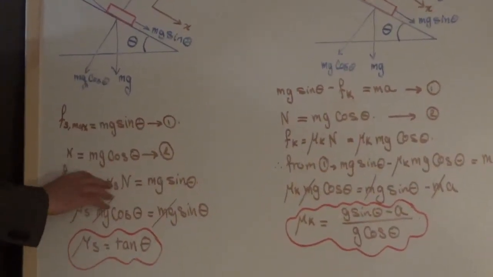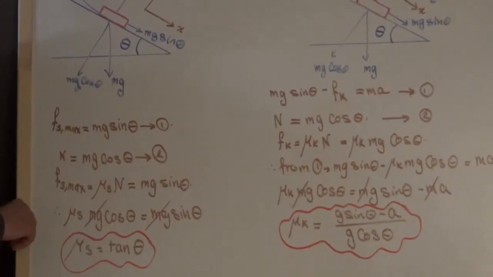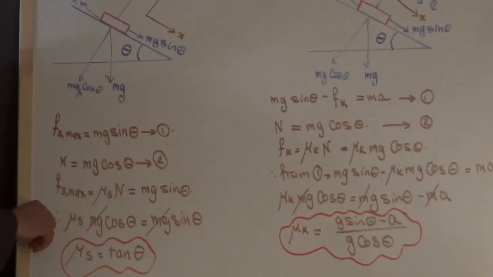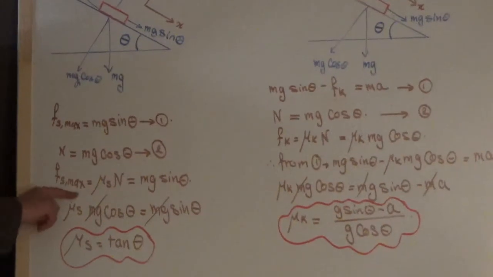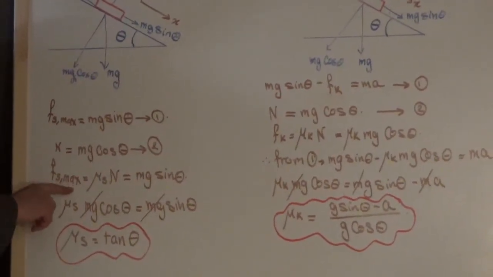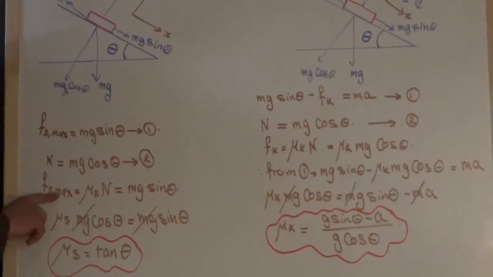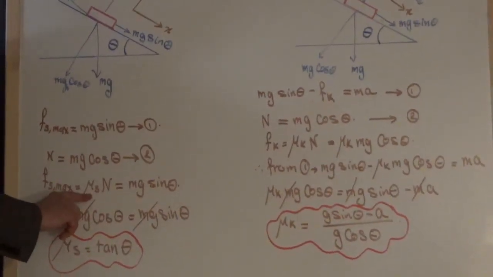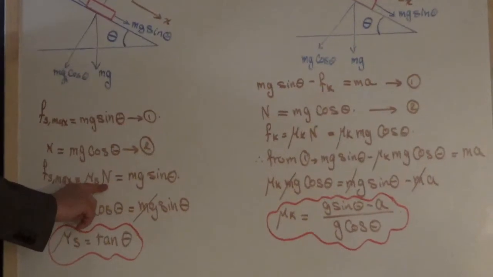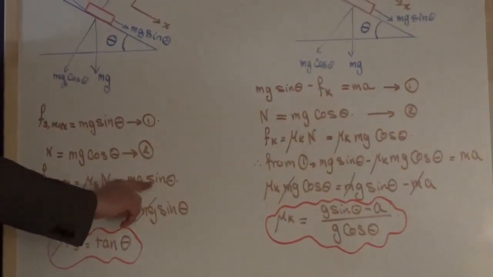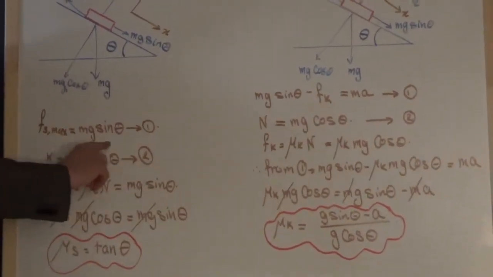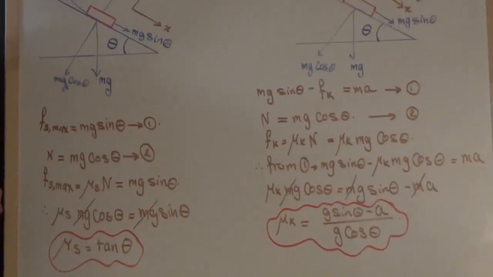But now let's continue talking about the coefficient of static friction. So we achieved this equation, and that's great. So max static friction force is equal to coefficient of static friction times normal force, and that's equal to mg sine theta according to equation number one.